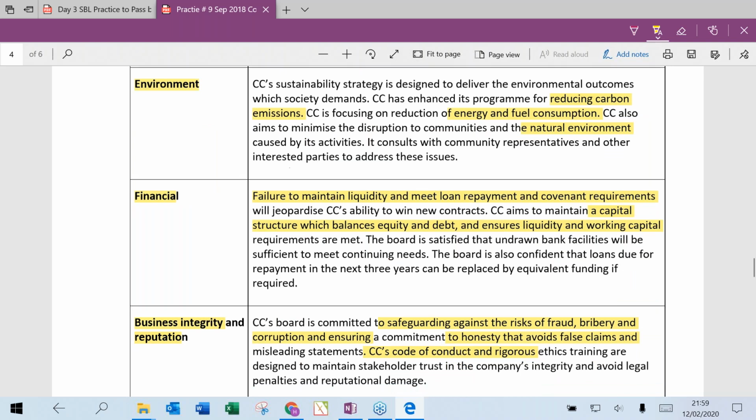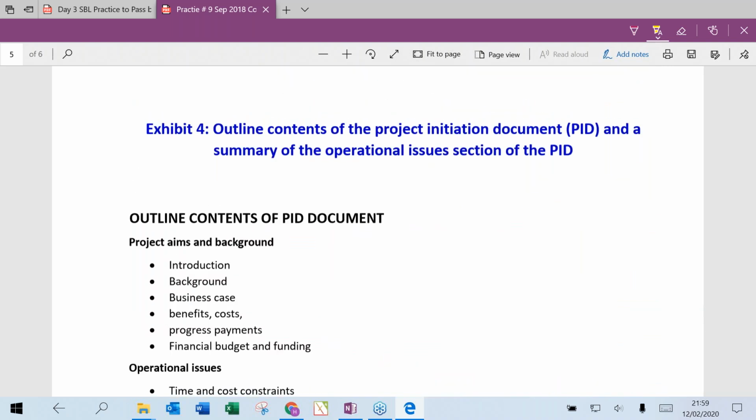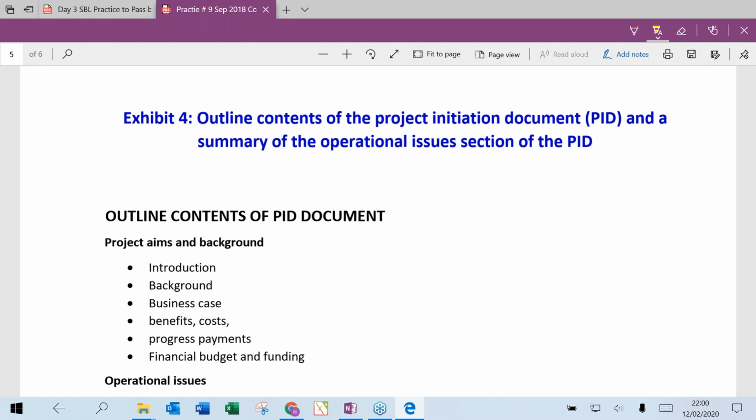All right, let's move on. Now Exhibit 4 is the main thing. Exhibit 4 is outline contents of a project initiation document and a summary of operational issues section of the PID. Now this is where I need your attention. This document has been prepared by Oliver, and Oliver is a junior member of my team, and my task here as a project manager is to identify the shortcomings of the PID.